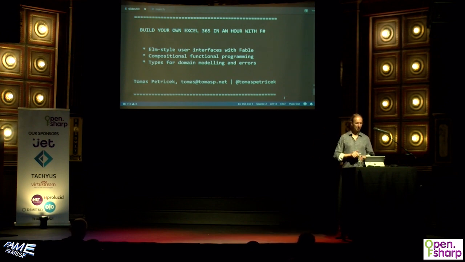That's been working here perfectly. And finally, types are great for domain modeling and for handling errors, and they helped me in a number of places as I was doing this to figure out when I make a change, what else I need to update. So types are great, and that's the end. Thanks.